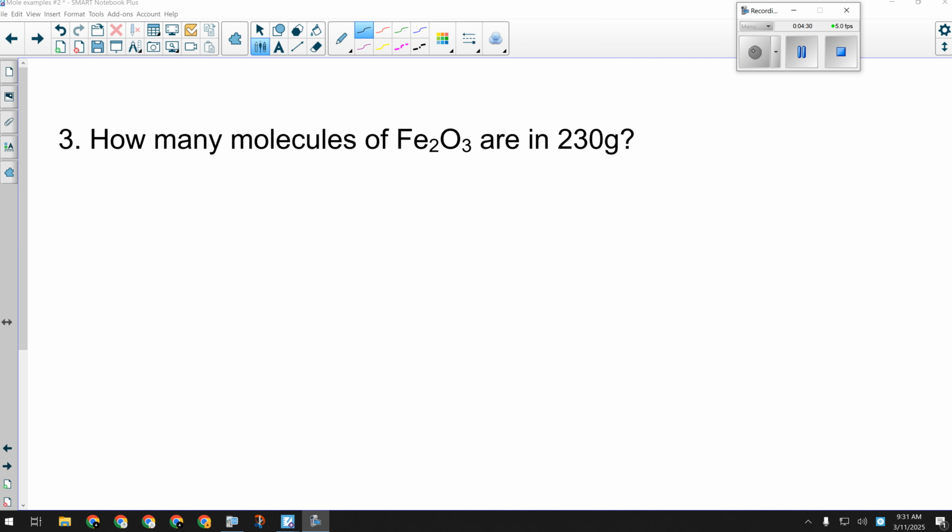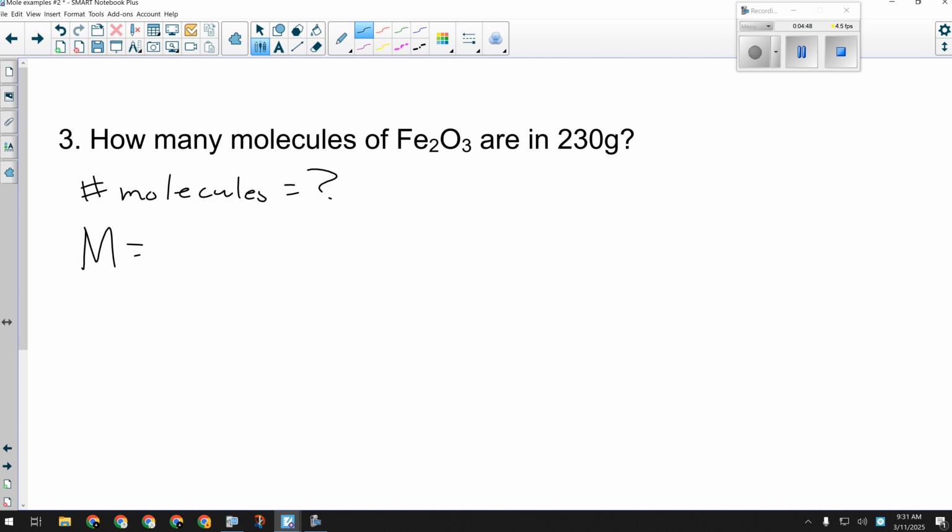For number 3, we are trying to find the number of molecules. I'll put that in my givens. Number of molecules is what I am looking for. They tell me that I am dealing with iron 3 oxide.